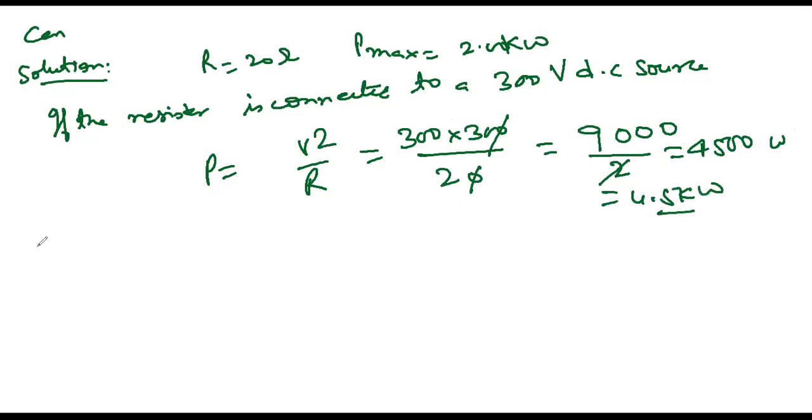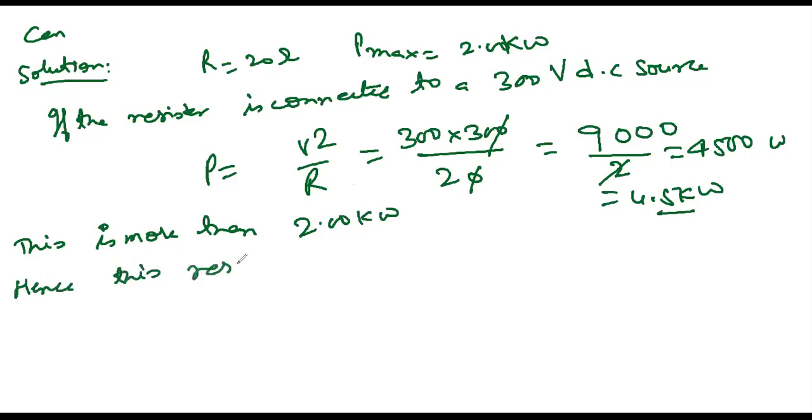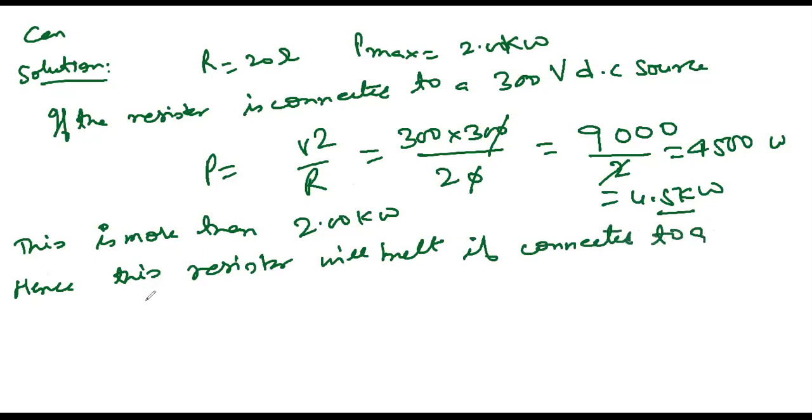This is more than 2 kilowatt. Hence, this resistor will melt if connected to a 300 volt DC source.